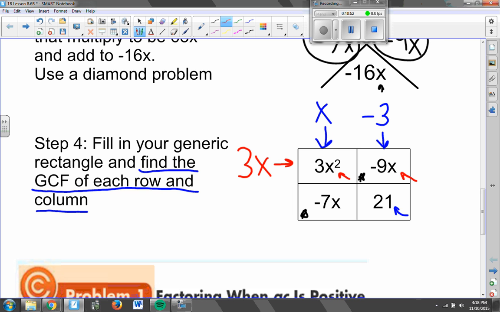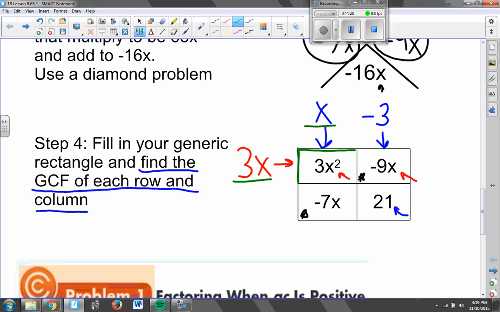My question then is, should I make this negative? And to answer that question, I'm going to do my multiplying here. 3x times x, meaning this number here, 3x times x. I need that to be equal to what is in this top left box. 3x times x does give me 3x squared.